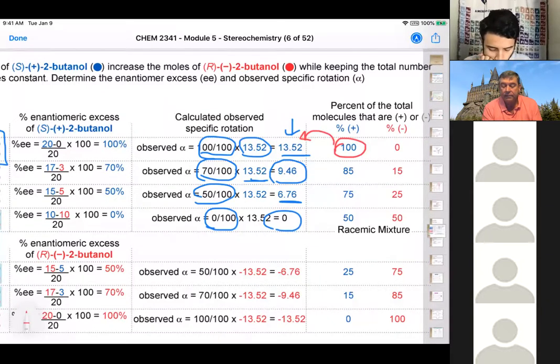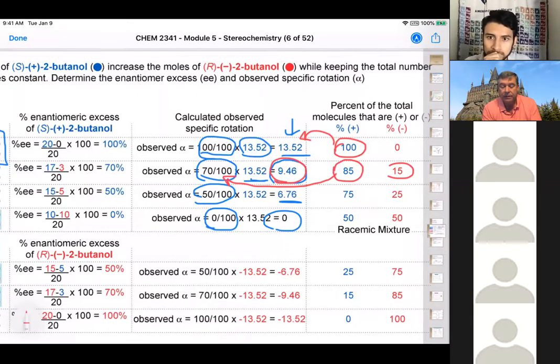If only 85% of the molecules are rotating, you have to count that 15% are going to be canceled out by this percent. That's why this number drops to 70. And that's why we only get 70% of the measured optical rotation for the pure enantiomer.